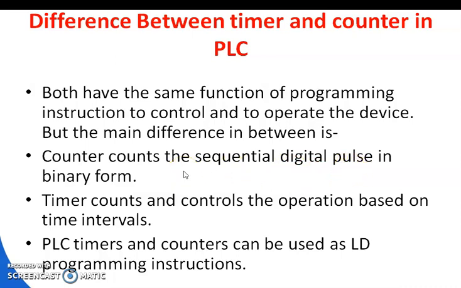Third one, the timer counts and controls the operation based on time interval. Next one, PLC timer and the counters can be used as LD programming instructions.